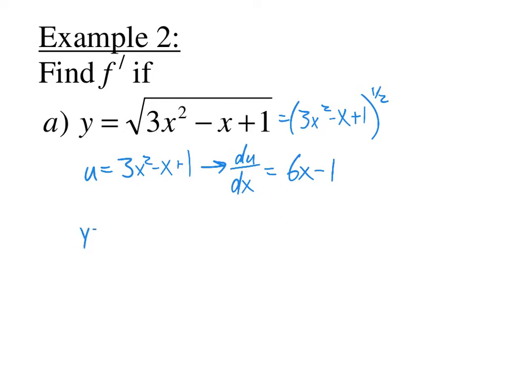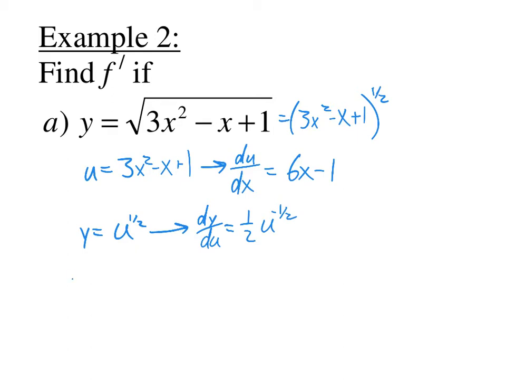How would we rewrite y in terms of u? u to the 1/2. Very good. So dy/du is 1/2 u to the negative 1/2. Yeah, good. Both you guys are right.